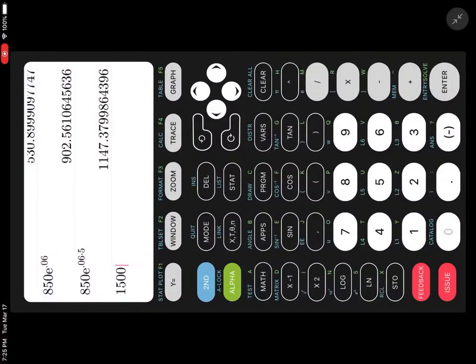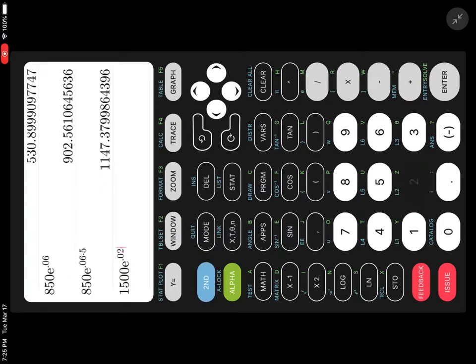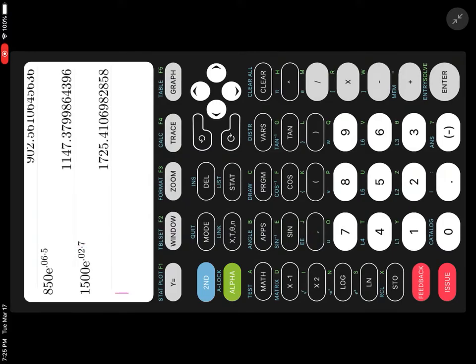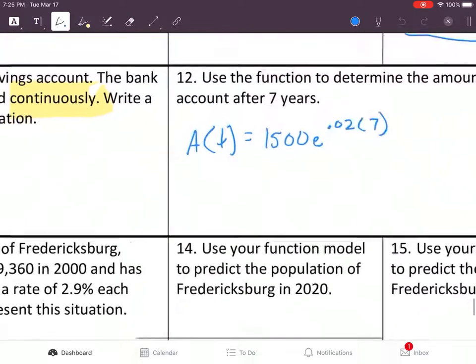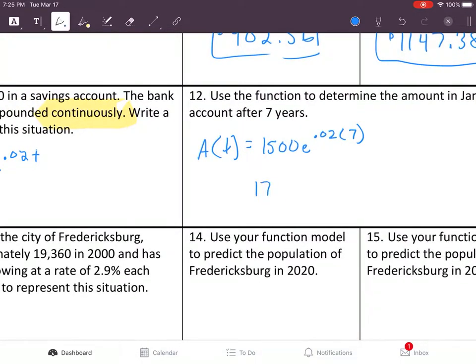So we have 1,500 times E to the 0.02 times 7. So you got 1,925.41.